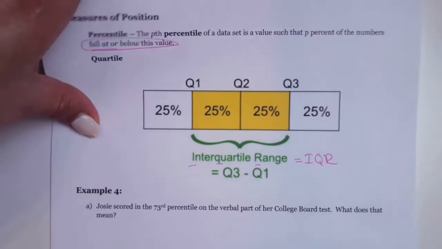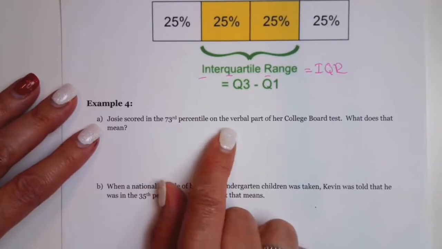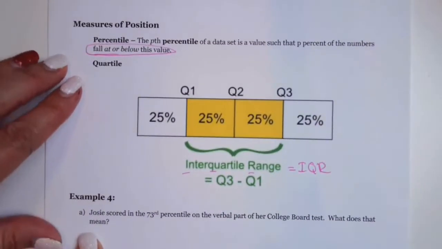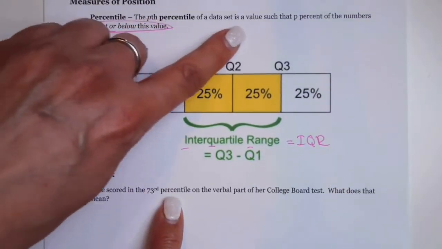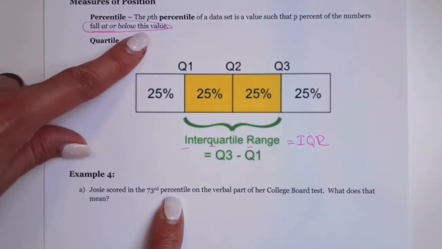Okay, let's look at example 4. Josie scored in the 73rd percentile on the verbal part of her College Board test. What does that mean? Again, 73rd percentile. The pth percentile of a data set is a value such that p% of the numbers fall at or below this value.